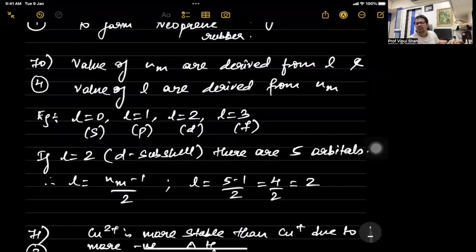We all know the d subshell will have 5 orbitals: dxy, dyz, dxz, dx square minus y square, and dz square. If I put it into the last formula, that is (m minus 1) by 2, there will be 5 orbitals, minus 1, by 2. So basically L will be 2. So it's calculating the other way around. So 70th, that's the last one.